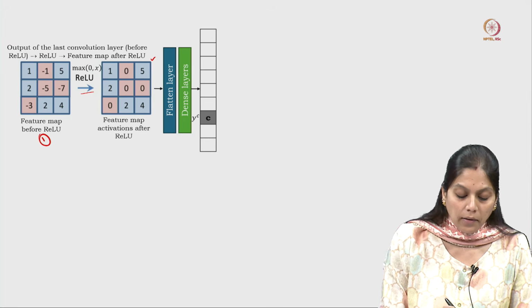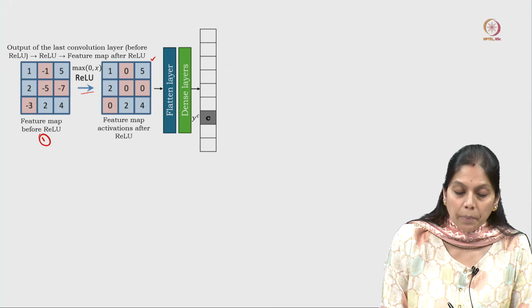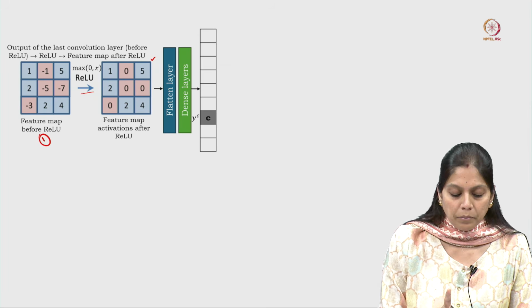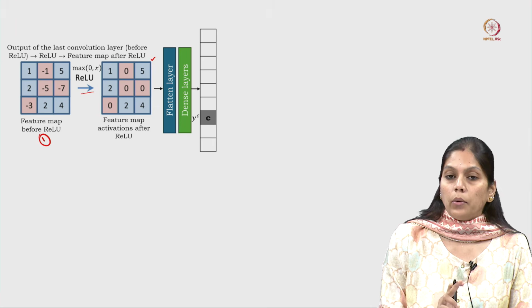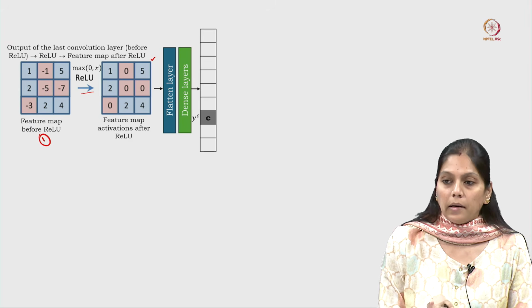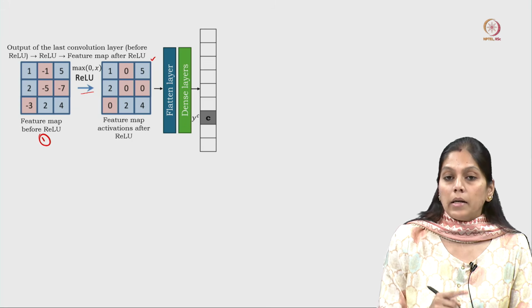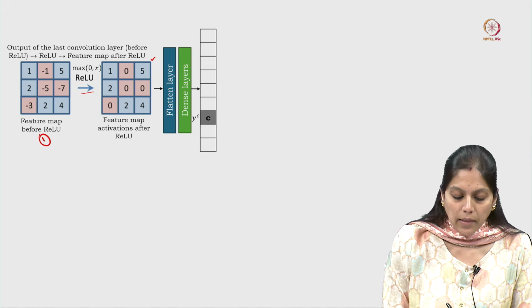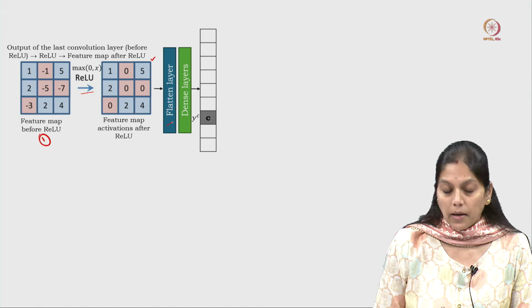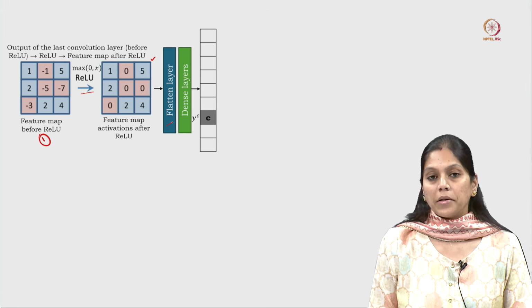Now, once again I am informing you, we are doing this for one feature map currently. Whatever feature map we have obtained after applying ReLU is passed to a flattened layer. What is the role of a flattened layer?